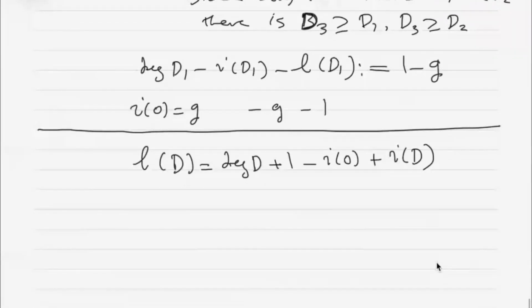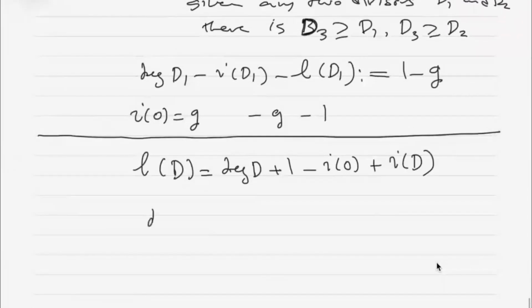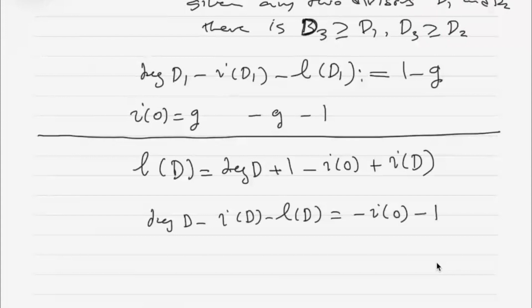Because I have shown to you that degree of D minus I of D minus L of D is the same thing with D equals 0. And this is minus I of 0 minus 1. And therefore, if I take these to this side and that to the other side, I can find this equation.